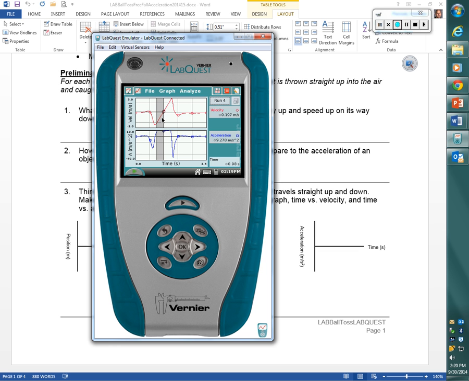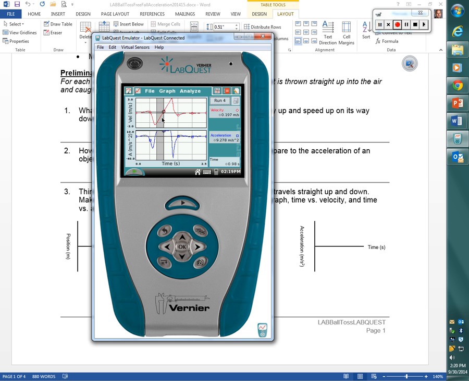Positive, because gravity's still pulling it down, but in this frame of reference, down is the positive direction. But negative velocity, positive acceleration, physically what happened to the ball? Slowing down. So that's why we can't say that gravity's always negative. It's always downward, but what sign that gets depends on how we set up our frame of reference. All right, good there.